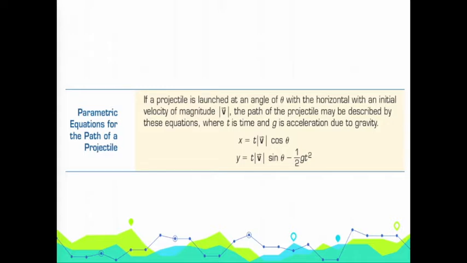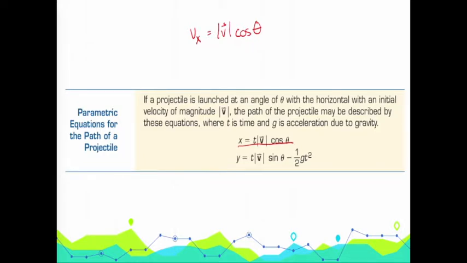So what we just did, the initial velocity for the x was magnitude v, which was 16, times the cosine of the angle, right?